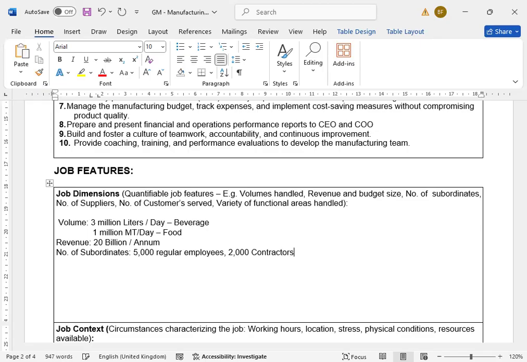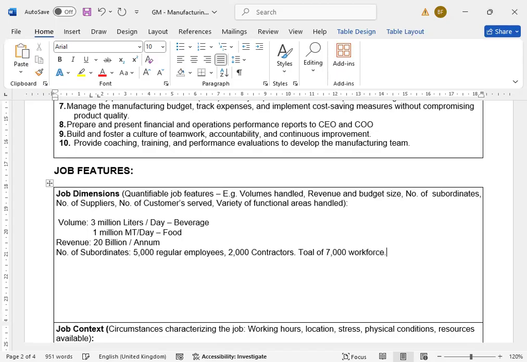So all in all, that would be a total of 7,000 workforce. I will not call them employees because contractors are not employees. Workforce.